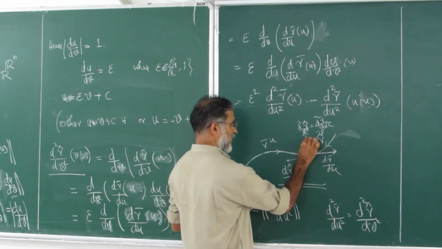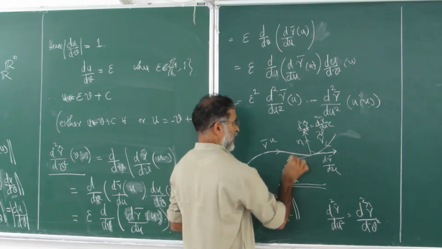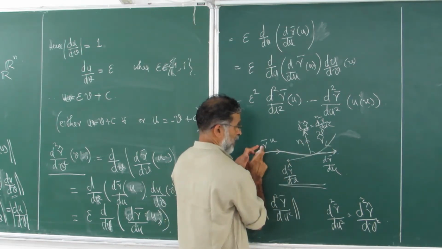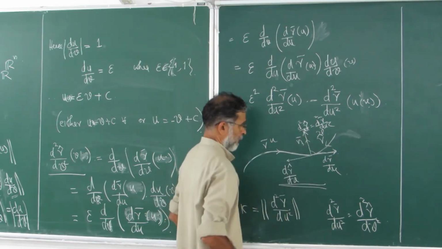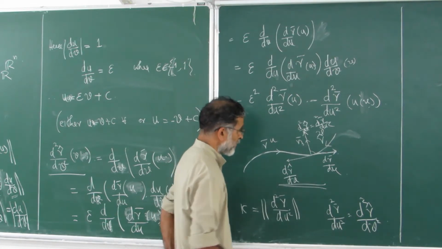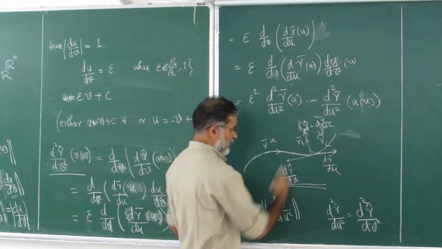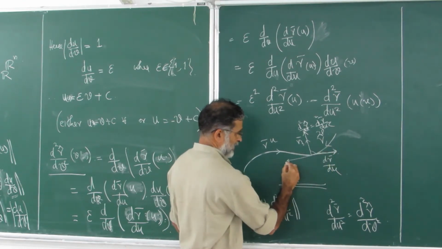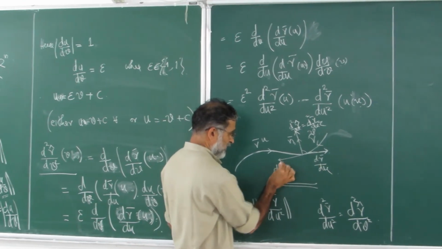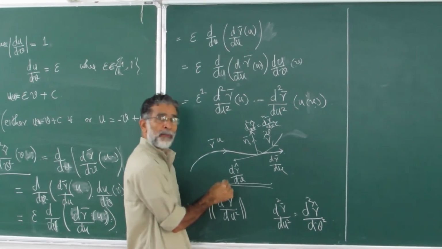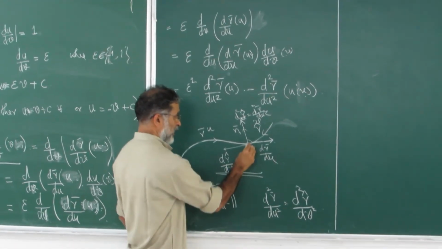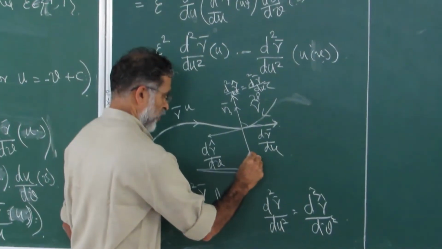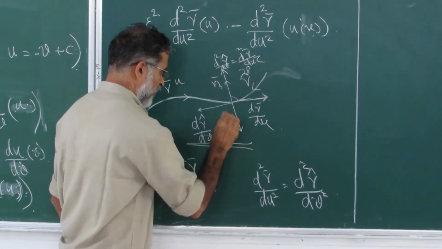So this is going to be your ns bar, in the case of gamma bar. Now look at gamma cap. Gamma cap is coming, the tangent vector is in this direction. If you rotate this by pi by 2 to get your signed normal, this is going to be your ns cap.